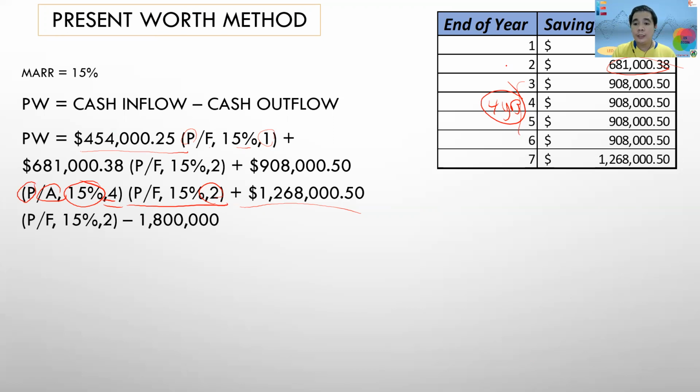So you'll have to convert it into year 0. Lastly, your 1.268 million would be P/F at 15%, 7, and minus $1.8 million.